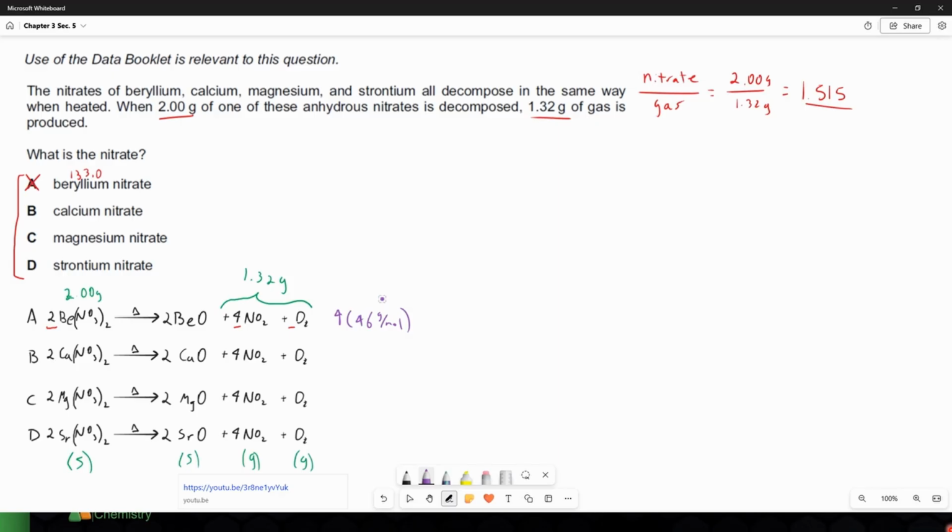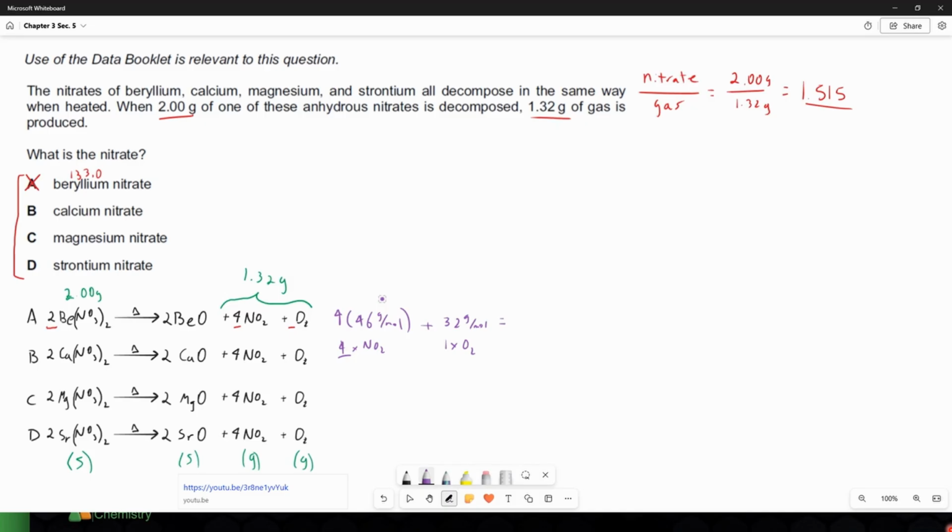Again, why is this? Because we have here the molar mass of NO2, and we create 4 NO2s in the reaction, plus 1 times the molar mass of O2, because we make 1 O2. Molar mass of O2 is 32 grams per mole.